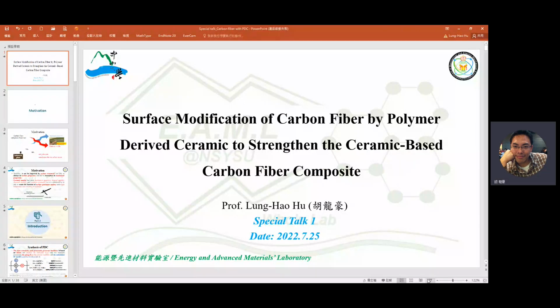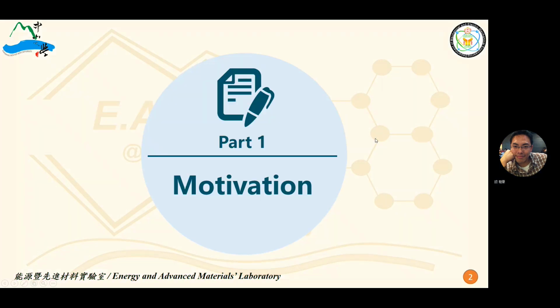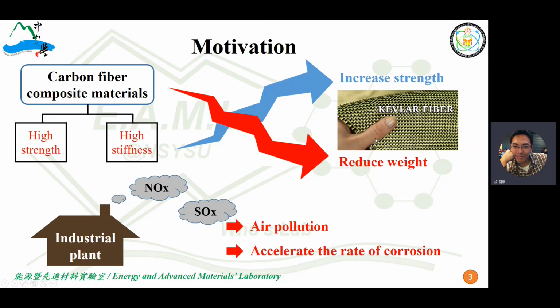Okay, so in the first spatial talk, I'm going to introduce the ceramic coating method to strengthen commercial carbon fiber. We know that carbon fiber has been widely used in different industries, such as aerospace or the automobile industry.